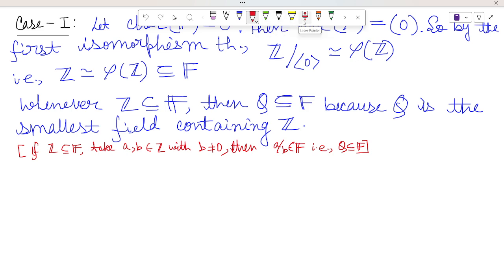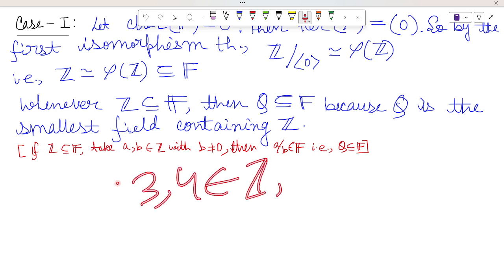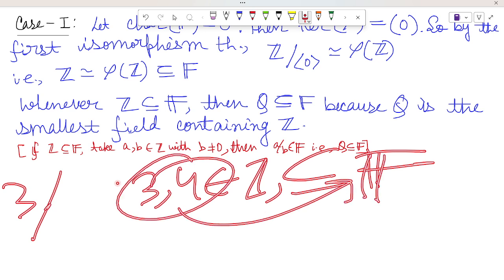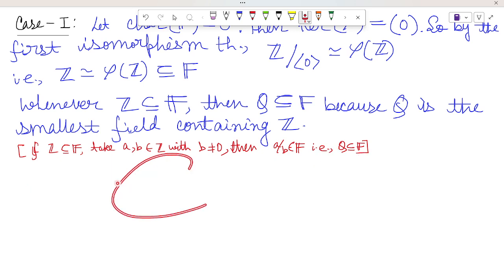What I am trying to say here is that if you take, suppose, 3 or 4 belonging to Z, and Z is inside F with an isomorphic copy, then 3 and 4 will be inside F, but then 3 by 4 is also inside F. So in this process you can take any two numbers and give their quotient, they will always be inside F. That means in Z, this process gives you Q. So Q will be there.